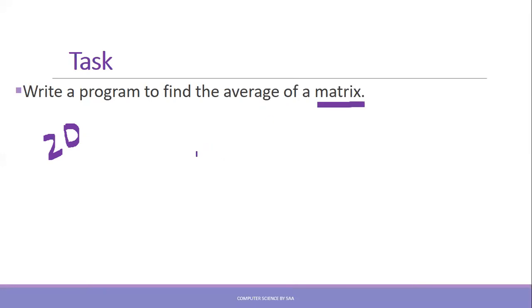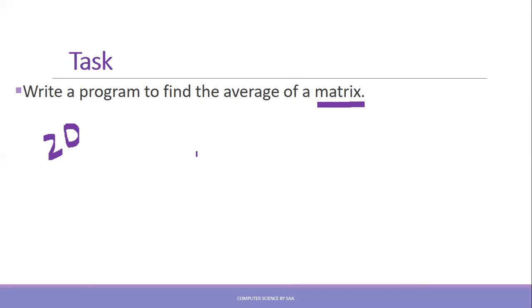Declare the 2D array. Then you have two options. Either you can assign the values to the array by yourself, because I have not mentioned anything, or you can get the input from the user by using nested loops.